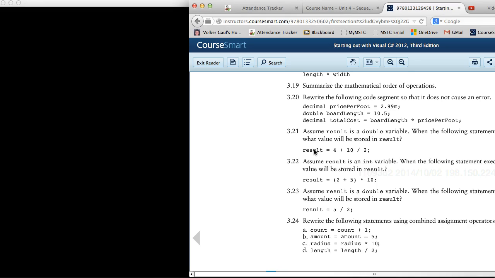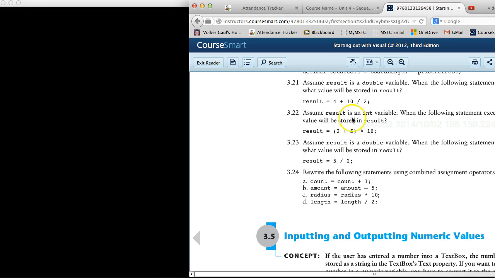If you give me 9, I'll be happy because you got the right answer in math. Right? You didn't give me 7, you gave me 9. Assume result is an int. Parentheses, okay, now it's 70, right? Result is a double. 5 divided by 2, the double is 2.5, right?